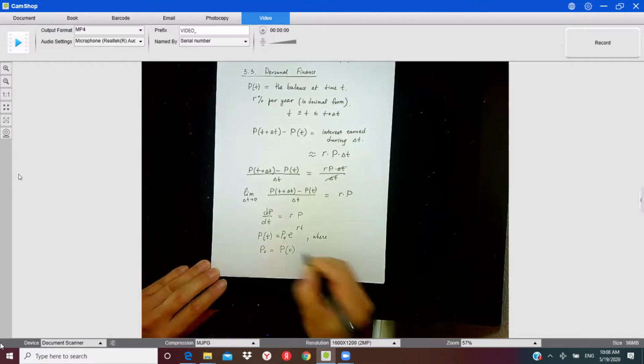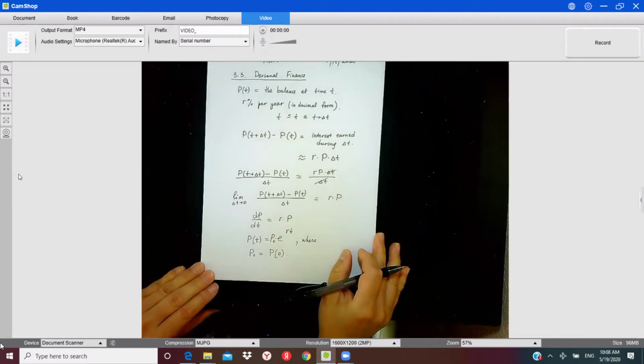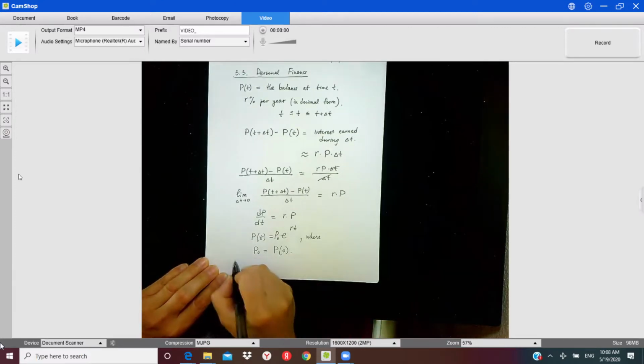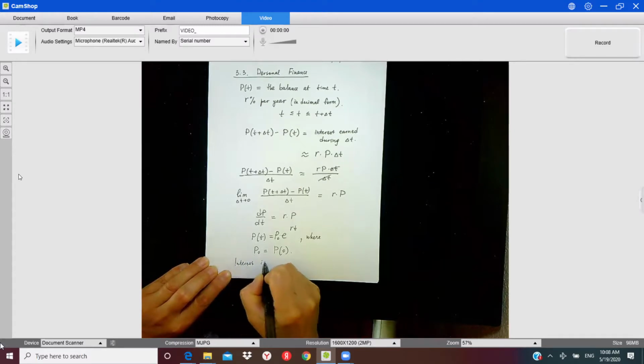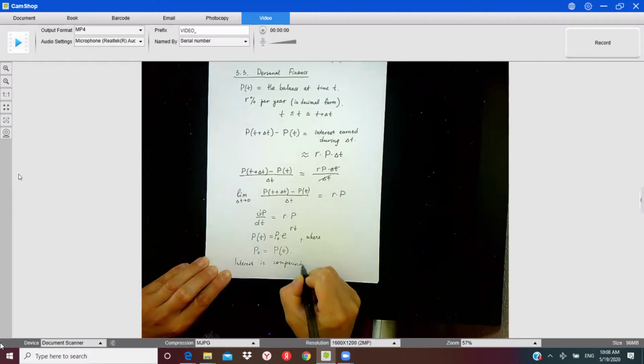This is the case when we have interest compounded continuously. So interest here is compounded continuously.